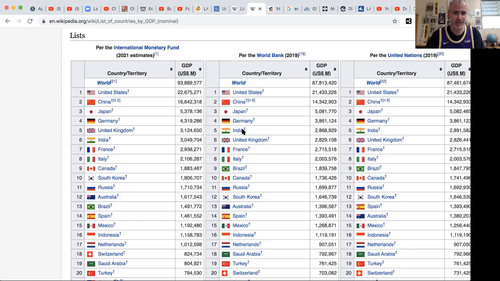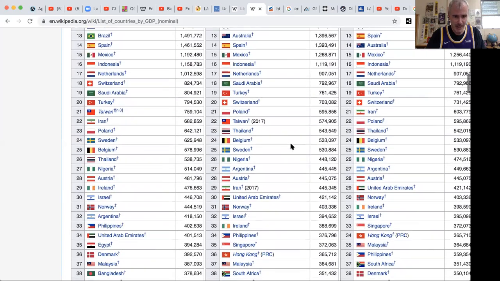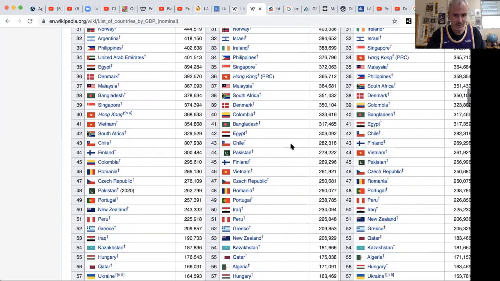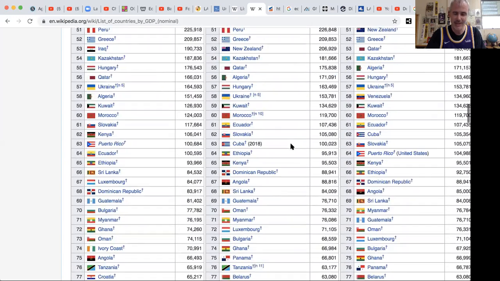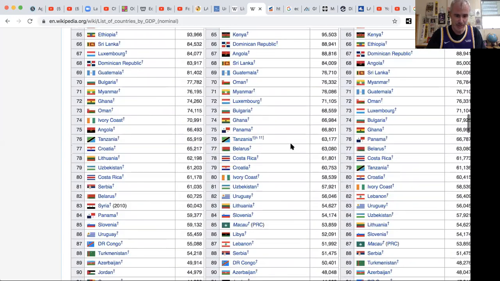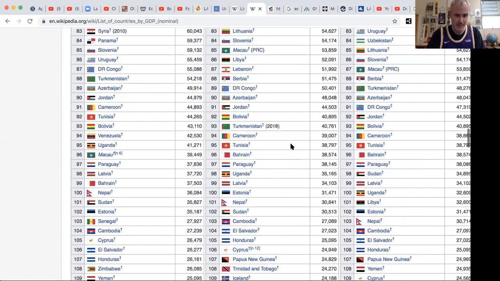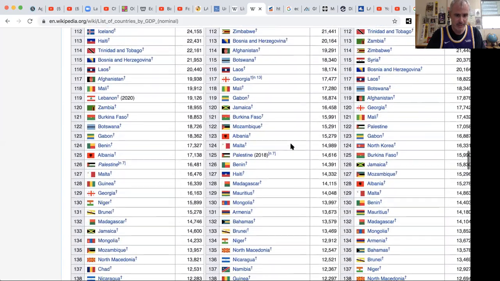We're going to find that China and India are much lower, the two most populous countries in the world, because you have to divide this number by their population. But as we come down, we'll look at the tail end of this list. Maybe there's a country of interest that you want to take a look at. These are smaller population countries. These are teeny countries, and I'm going to go a little quicker.